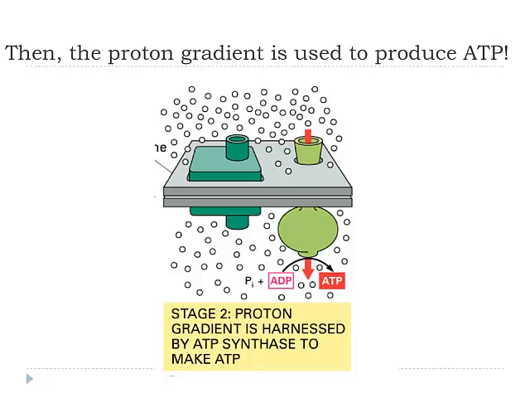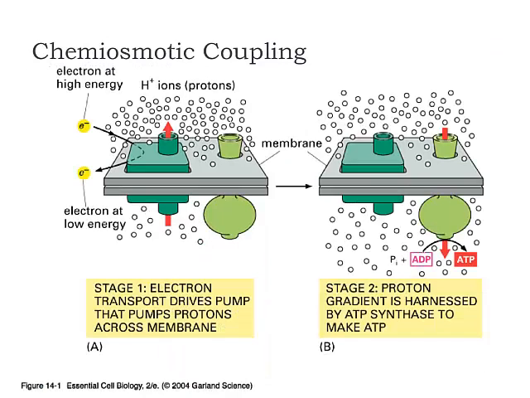Okay. The proton gradient is then used to drive the production of ATP. So ATP synthase, with the energy that's released from the flow or the return of these protons to the matrix, is able to catalyze an unfavorable reaction and harness that energy in a useful form, not just as the loss of heat.